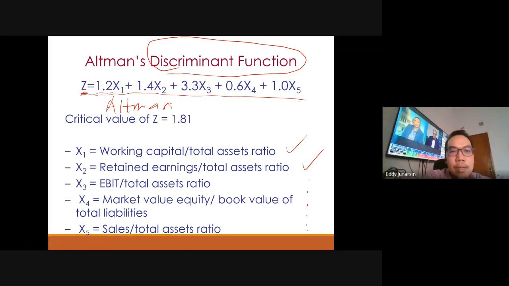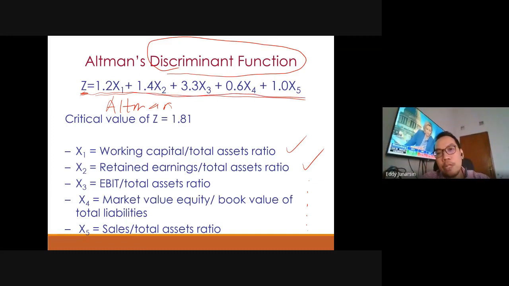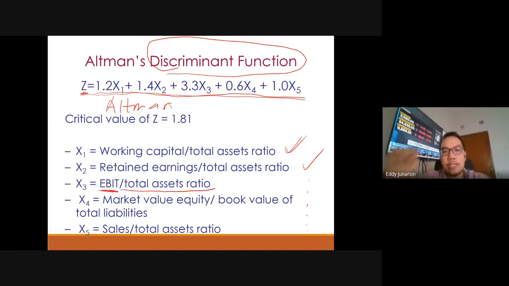So the same thing here, right? Based on this equation, if a new or a potential borrower comes to you, you just plug in their numbers, okay? You just check the potential borrower, what is its working capital to total assets ratio? What is its retained earnings to total assets ratio? What is the company's operating profit, EBIT, operating profit to total assets ratio, and so on, right?